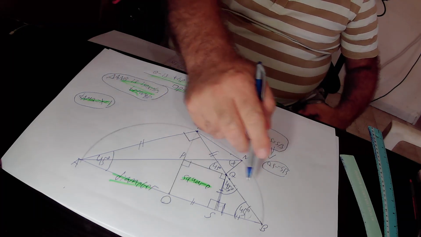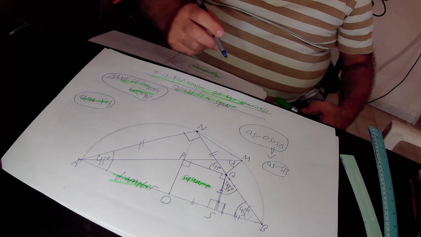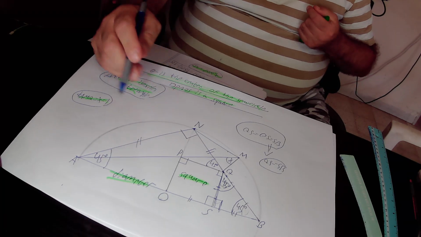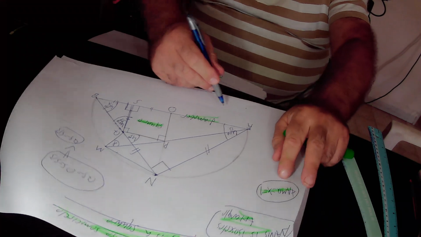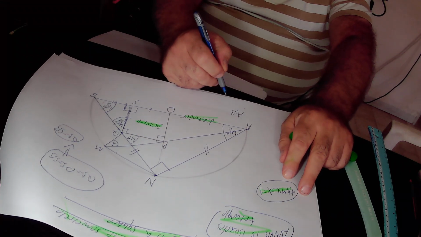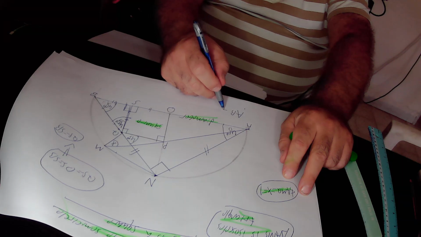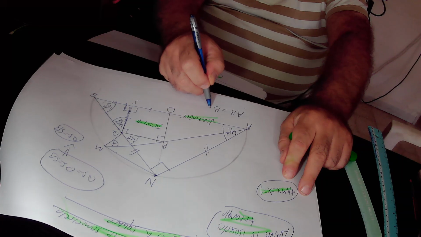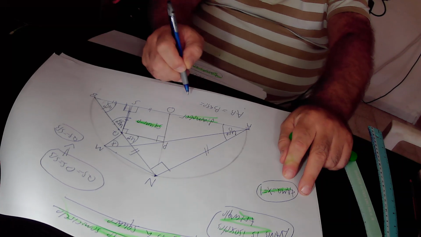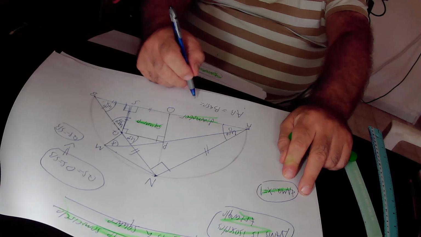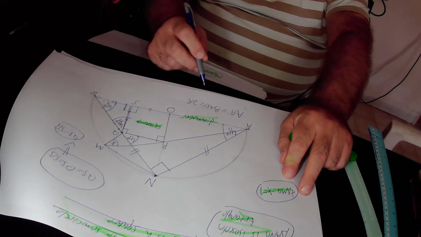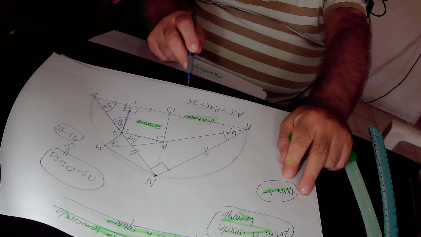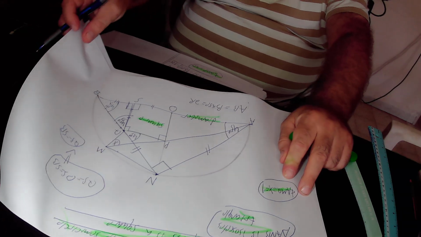But AB is also the diameter of the semicircle. So if the radius of this semicircle is r, then the diameter must be equal to 2r. So we can write down that AB is the base of the right and isosceles triangle, triangle ANB, and AB is also the diameter of this semicircle, which is equal to 2r.